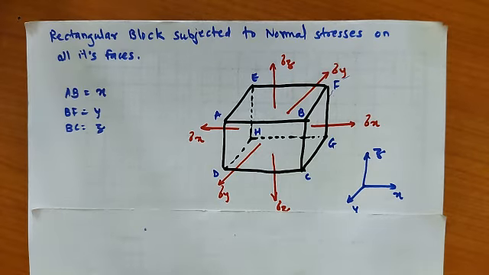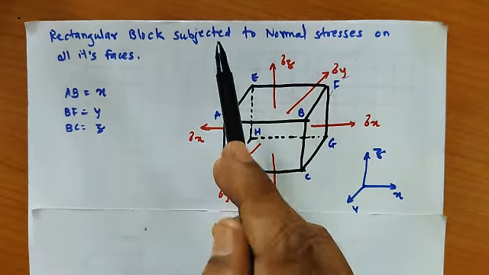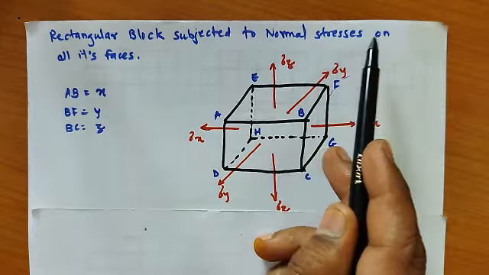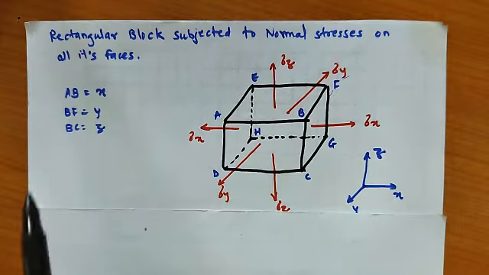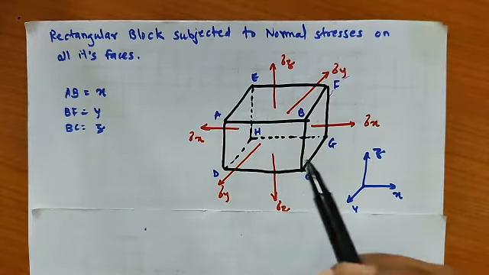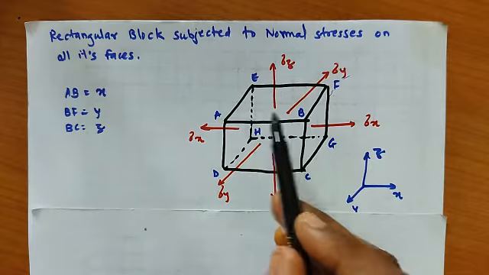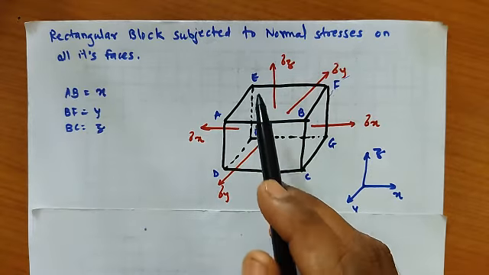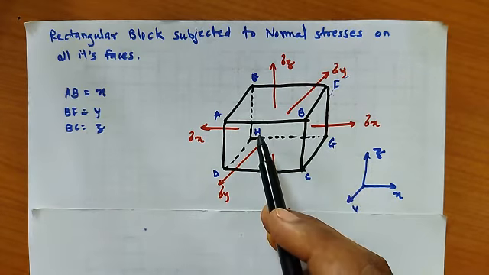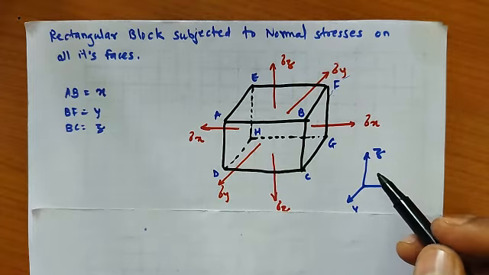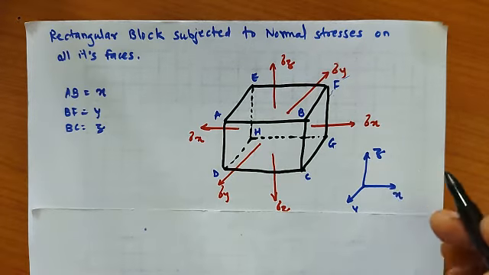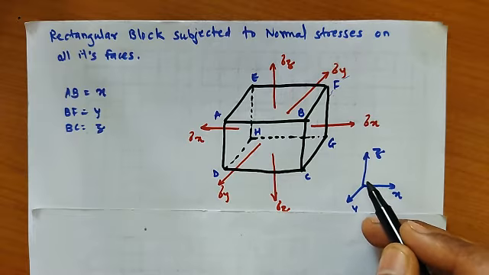Now we'll see a rectangular block subjected to normal stresses on all its faces. For that, we have considered a rectangular block A, B, C, D, E, F, G, H. The directions of this block are the X direction, Y direction and Z direction.